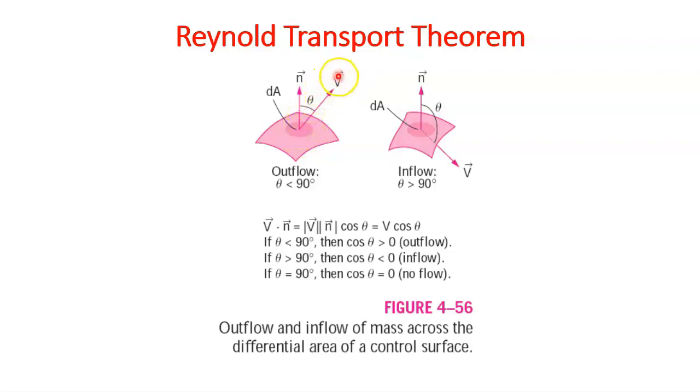Similarly, at inflow, theta has to be greater than 90 degrees so that it can get into the control surface, and here again dA represents the similar infinitesimal small area, theta is the angle involved, v is the velocity. So unless the angle between velocity and n cap, n bar, is greater than 90 degrees, the inflow will not occur.